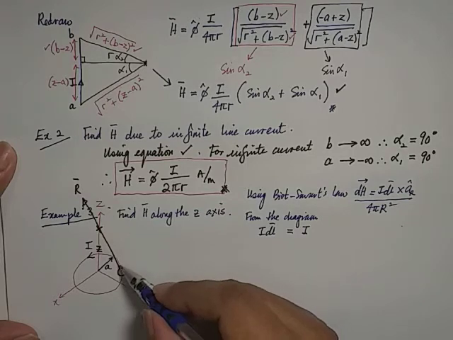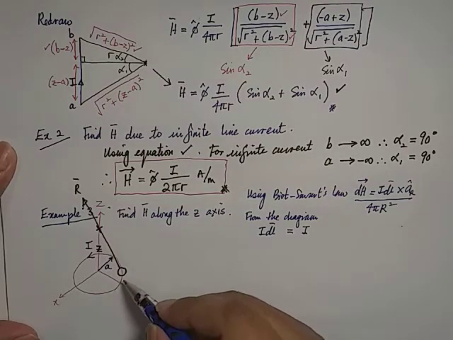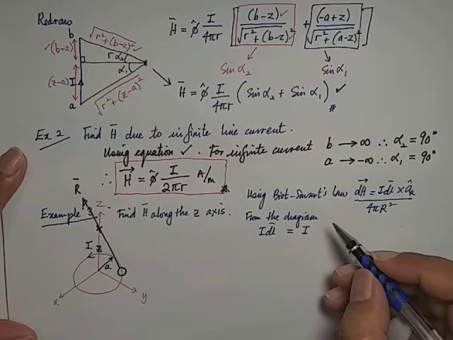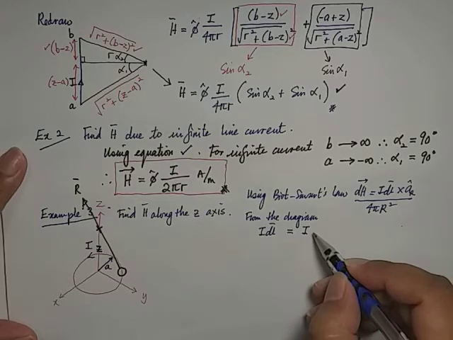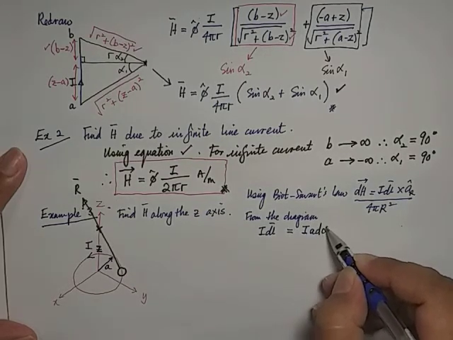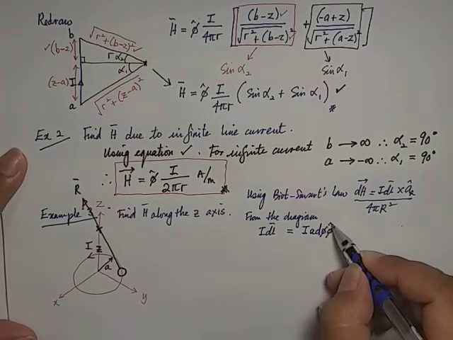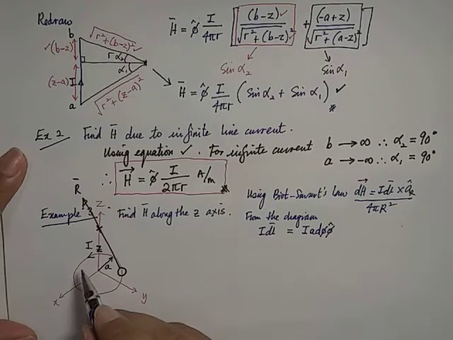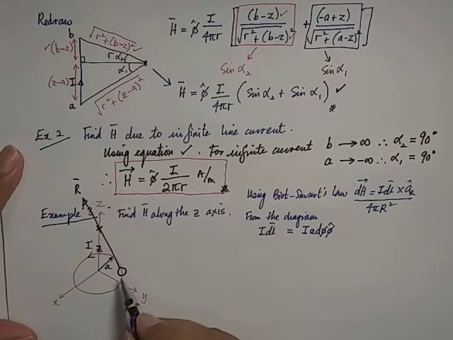Because it's angle phi. The radius is fixed and the z is fixed. So therefore, for dl, where phi is changing, it is given as a d phi in the phi direction. Because moving in this direction is by default positive phi, whereas if the current flows in the opposite direction, it is going to be negative phi.